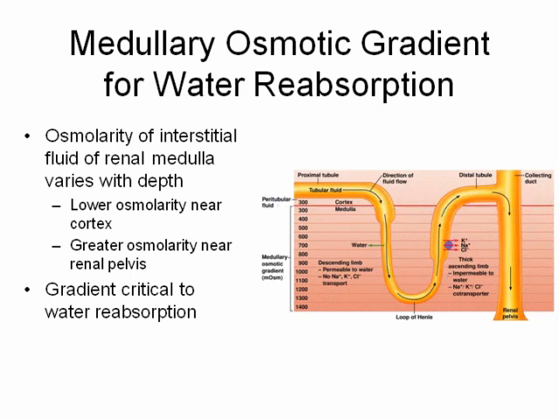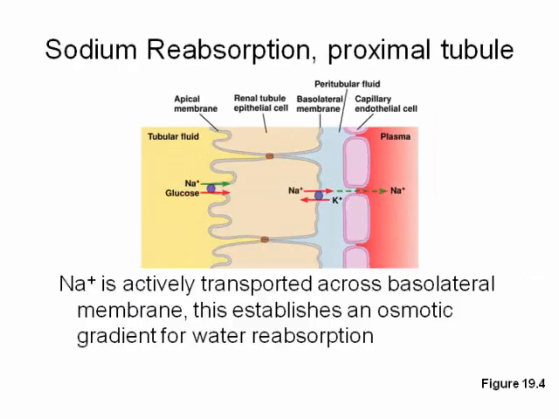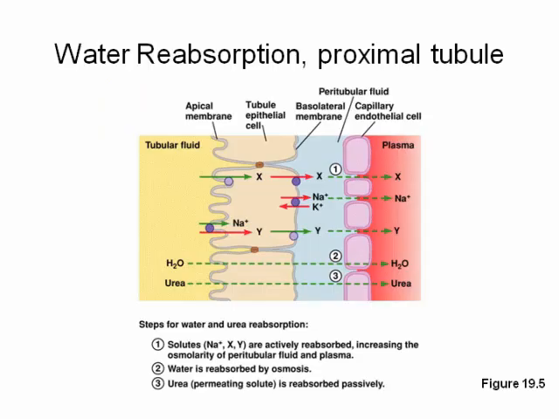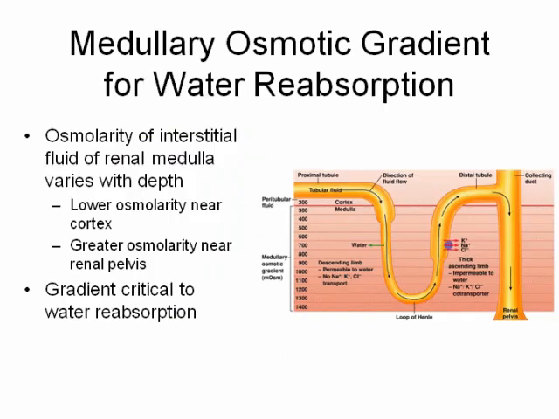And this is important because, as we said before, the loop of Henle plays a crucial role in water reabsorption. Now, even though 70% of water was reabsorbed in the proximal tubules, much of the rest of it is going to be absorbed later on. And that is what we're dealing with in this slide here in terms of this medullary osmotic gradient.